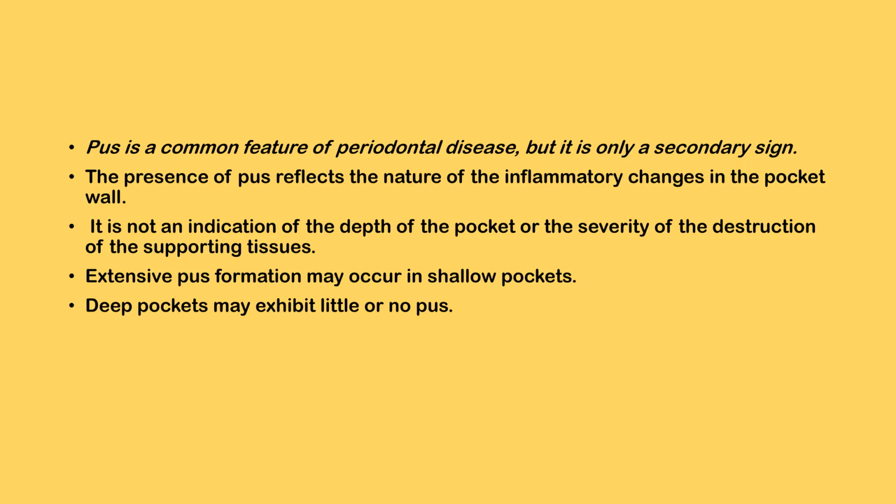Presence of pus reflects the nature of the inflammatory changes in the pocket wall. Presence of pus is not an indication of the depth of the pocket or severity of the destruction of the supporting tissues. We can see extensive pus formation in shallow pockets, whereas in deep pockets there is little or no pus present.